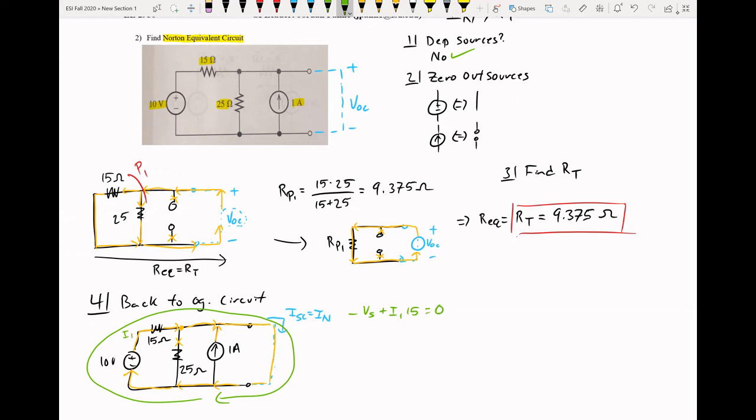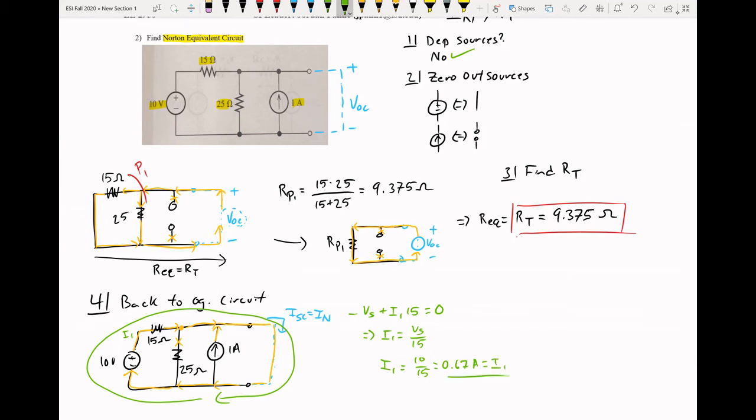That'll equal 0. Therefore, I of 1 will be equal to V of S over 15. I of 1 will be equal to 10 over 15, which should give us 0.67 amps for I of 1.